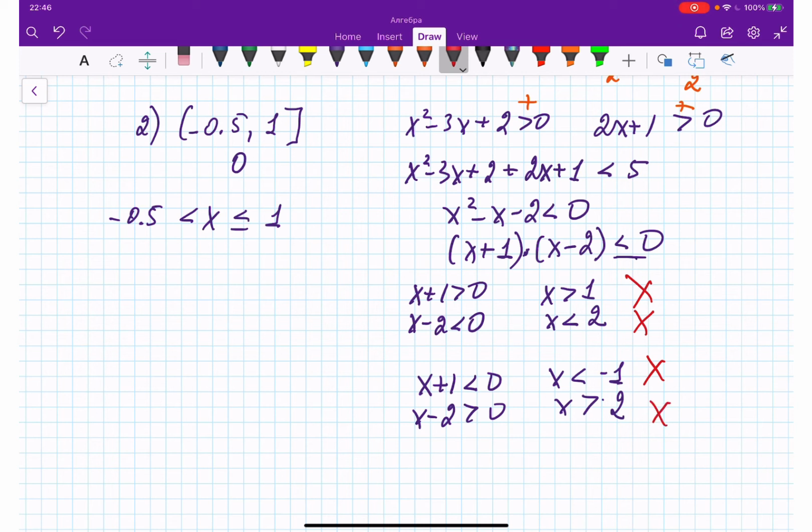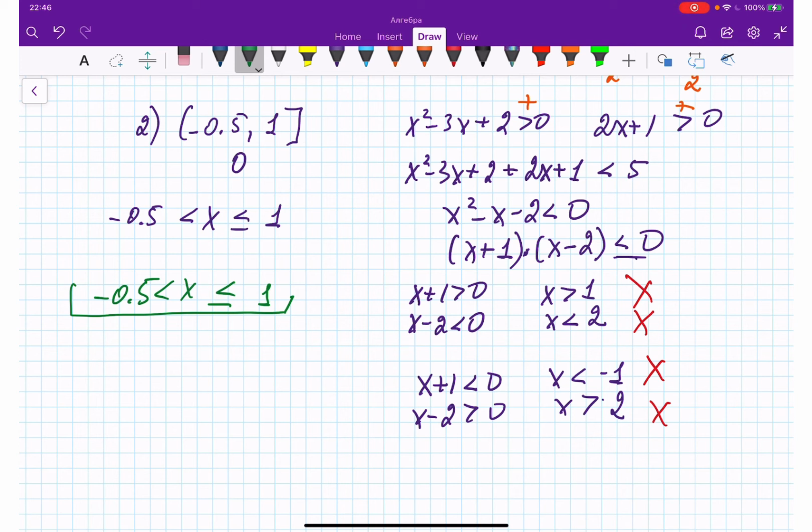So our solution is going to stay x greater than negative 0.5 and less than or equal to 1. This is going to be our answer for the second case.